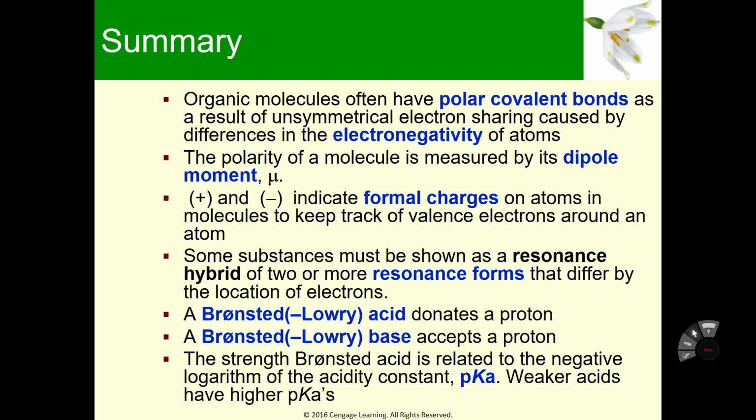And valence bond and non-bonding electrons determine the formal charges. Also, the real structure of the organic compounds can be represented by the combination of several resonance forms. And finally, explained Bronsted-Lowry acid-base concept.